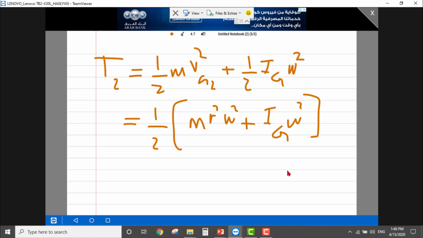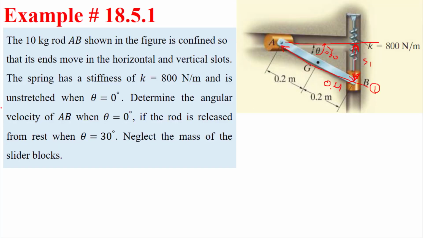But this velocity, the centroid velocity, what can we substitute for it? Let me go back to the PowerPoint and let me erase everything. Whenever the bar is in this location, this is the centroid, and we need to find the magnitude of its velocity.